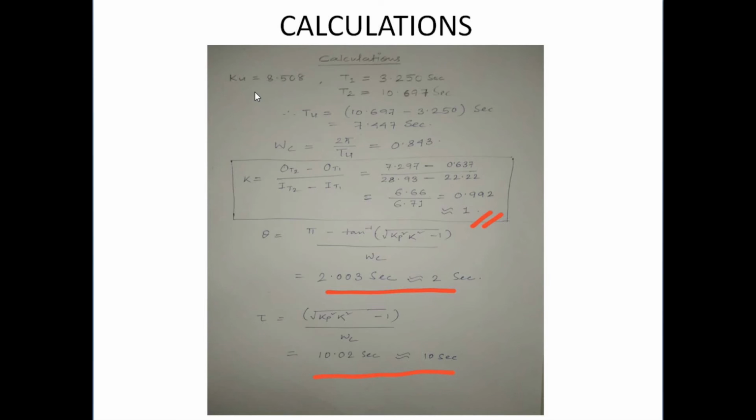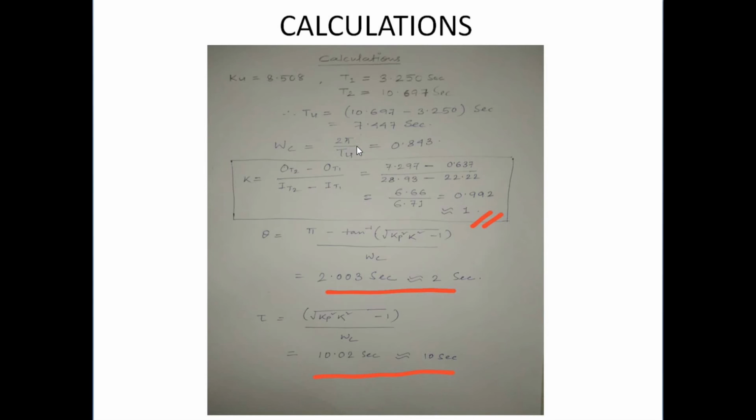You can see as we have got the KU, that means the ultimate gain is 8.508 and our initial and final time for a complete half cycle was these two values, and from these two we have calculated TU like this, and from TU omega you can easily find out as omega is equal to 2 pi by TU, right?